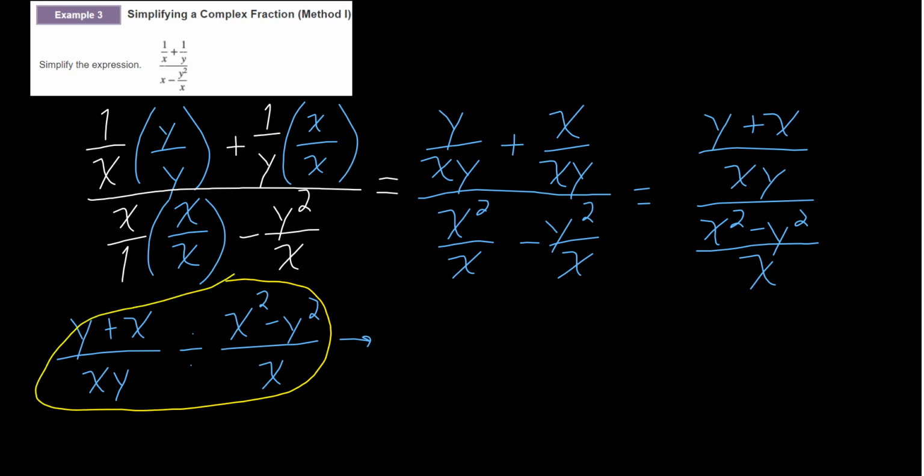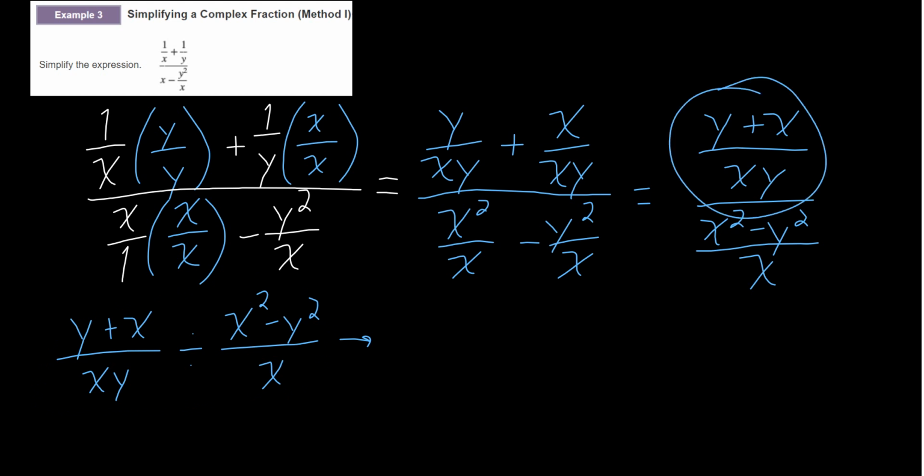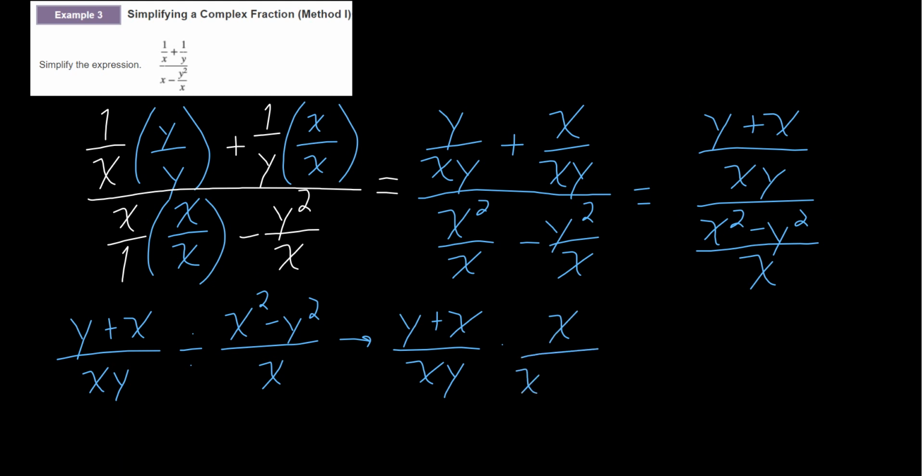You could jump straight to saying, okay, well, that's y plus x over xy times, and then I flip this denominator. So it'd be x over x squared minus y squared.